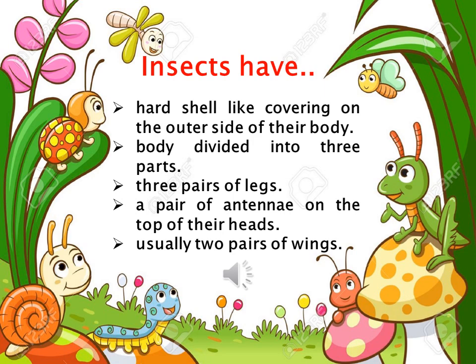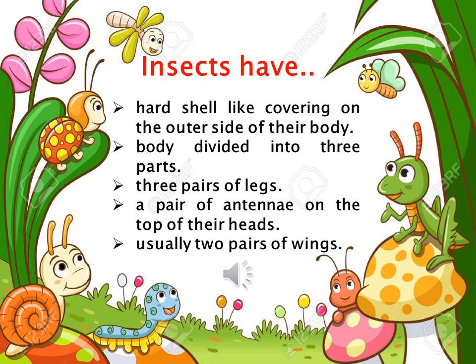And most of the insects have 2 pairs of wings. But here also exceptions are there. Insects like fleas, lice, silverfish, they don't have wings. They are wingless insects. But most of the insects have 2 pairs of wings.